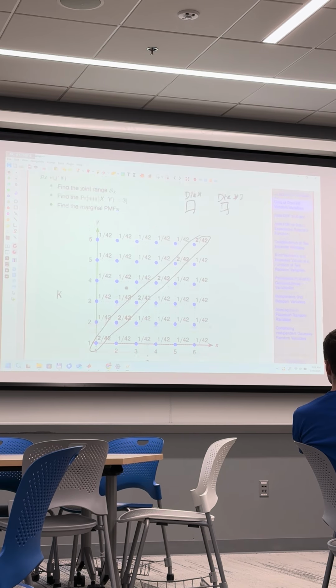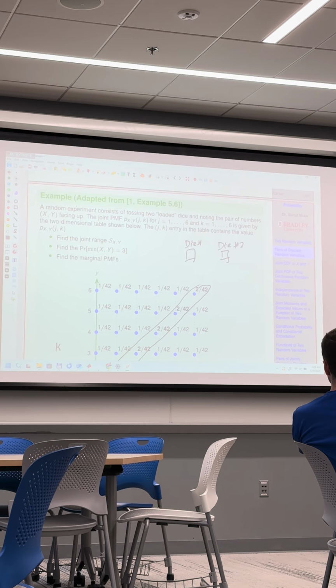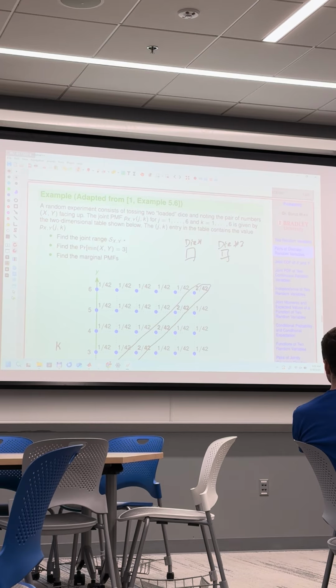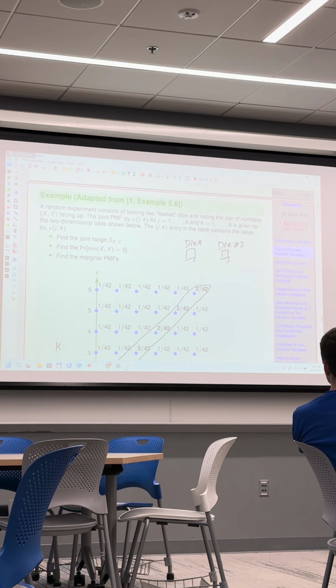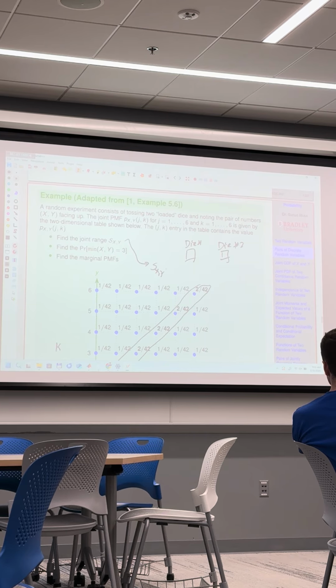And I did go through the joint range. In our last class, I did mention what the joint range is: the joint range of these two random variables. The first random variable X represents the number of dots facing up for the first die, and Y denotes the number of dots facing up for the second die.